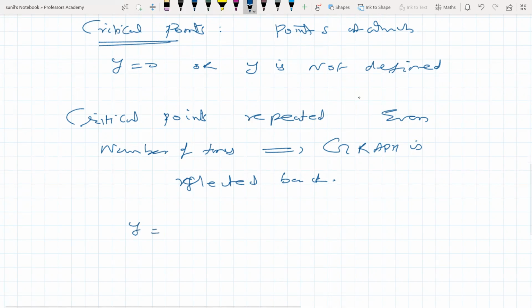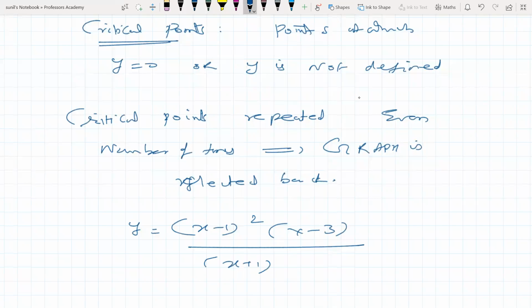For example, if you take (x minus 1) whole square, (x minus 3), (x plus 1) whole square.